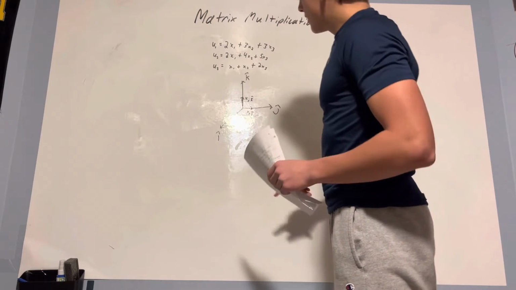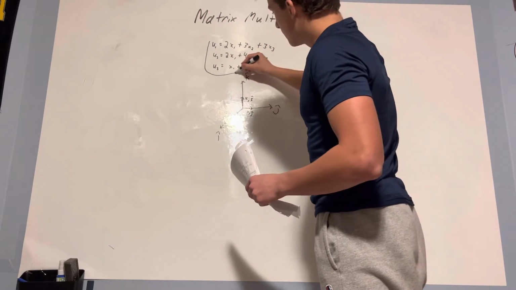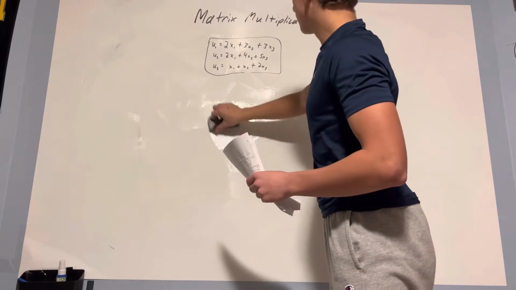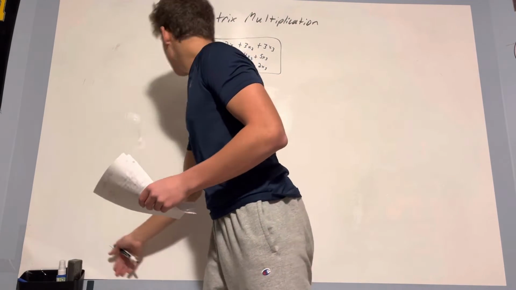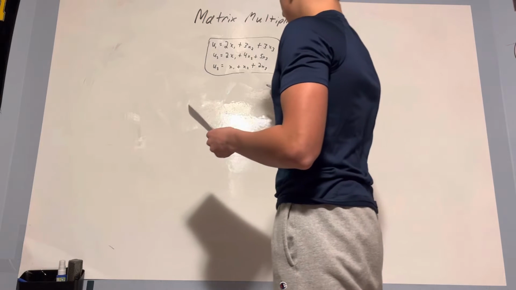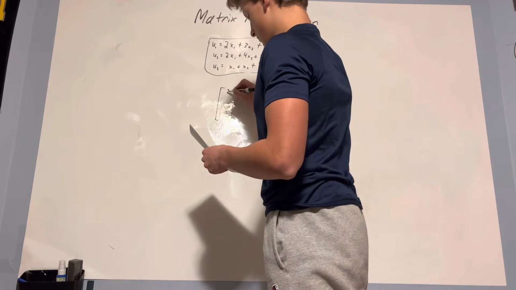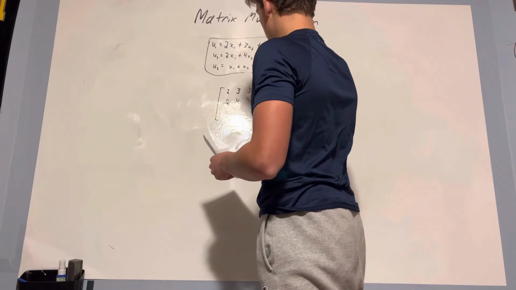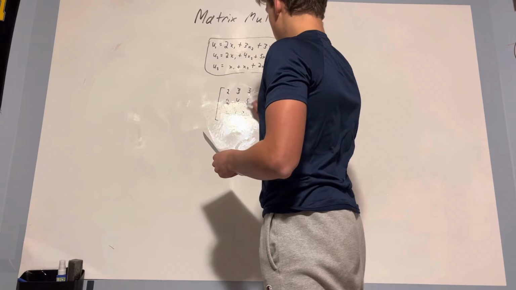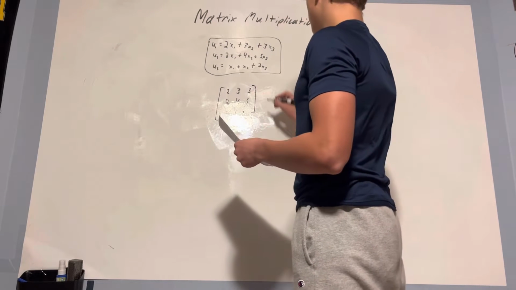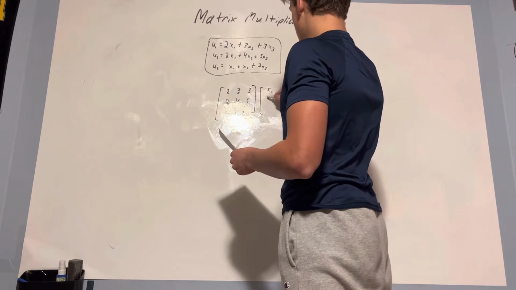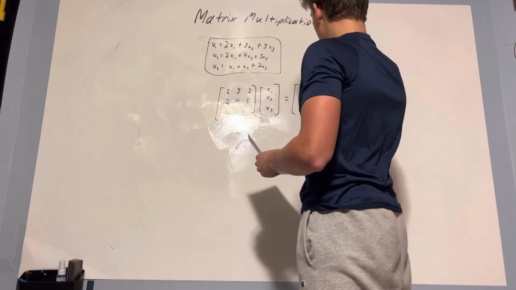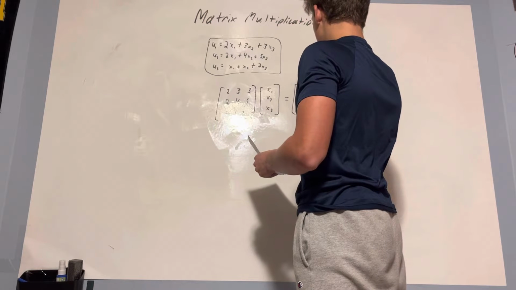So how can we represent this as matrix multiplication? We can write this as the matrix with rows 2, 3, 3; 2, 4, 5; 1, 1, 2, and we can multiply it by x1, x2, x3, and it's going to be equal to u1, u2, u3.